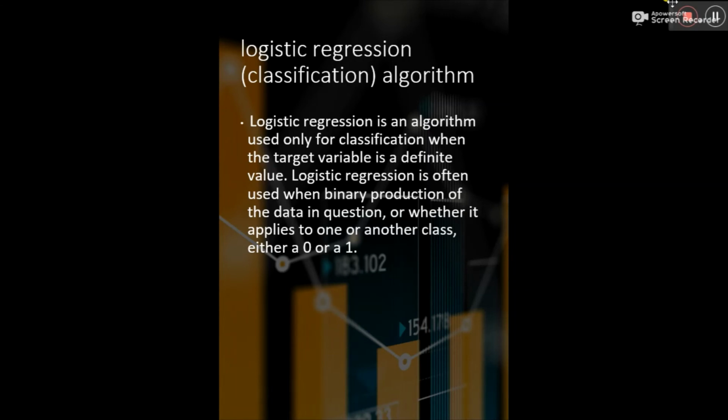Logistic regression is an algorithm used only for classification when the target variable has a definite value. Logistic regression is a special kind of regression algorithm in which this algorithm will convert any number to between 0 and 1.